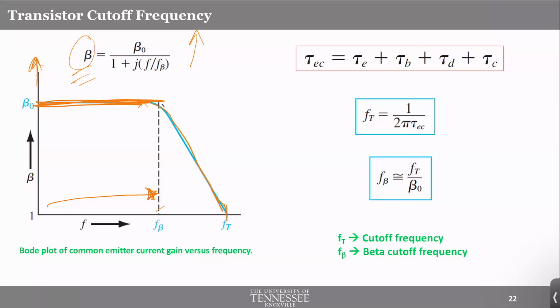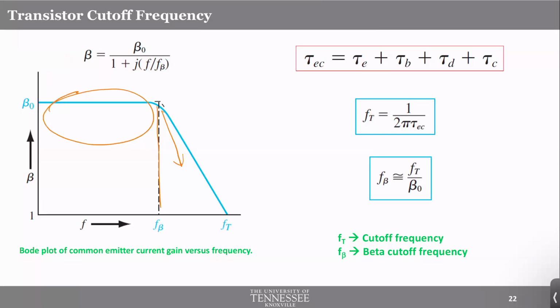At some point, it becomes 0. When it becomes 0, that's practically the cutoff frequency. The device is no longer going to be useful beyond that. But even before it reaches 0, it starts losing beta. Obviously, you want to make sure your designs are within this zone. They don't even go over the knee point and take a deep dive to 0.